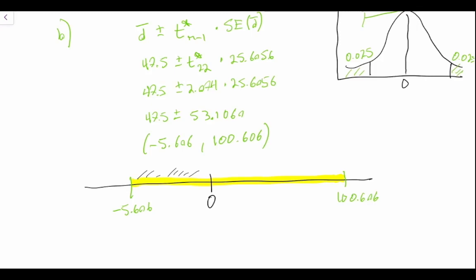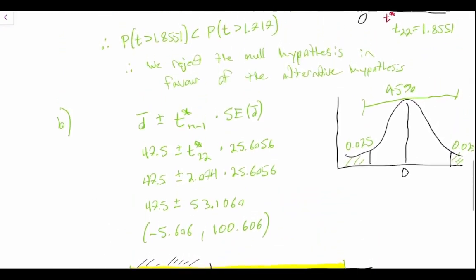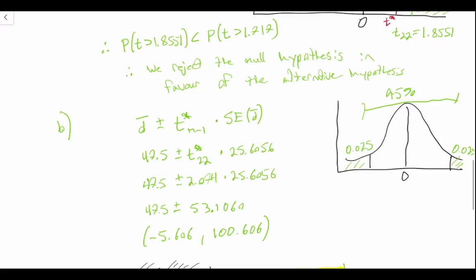And in B, there's a 95% probability of being within that confidence interval. So in other words, saying there's a 2.5% probability on either side, right? Just like how we looked at that right here. 2.5% probability on either side. So what we can say is that there's a 97.5% probability of being above the lower limit of negative 5.61.